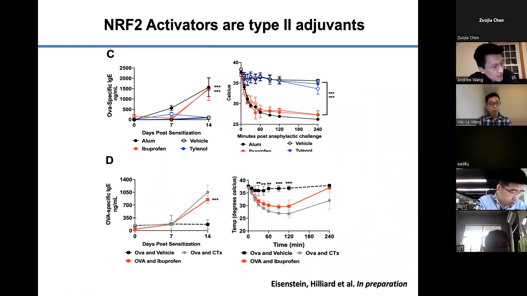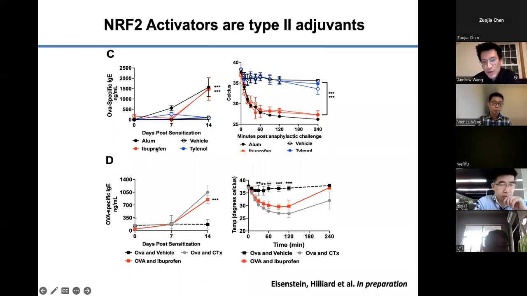This work came out of them doing what I showed you in terms of screening modern xenobiotics, which was: if all they did was take ova and use a standard adjuvant like alum, they can sensitize mice to ova and make them make ova-specific IgE. Could they do the same thing if they just put in the industrial xenobiotics?